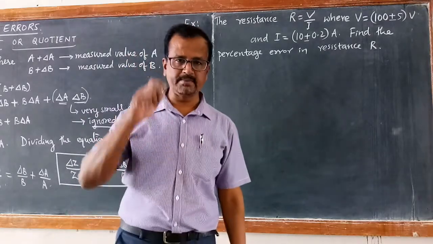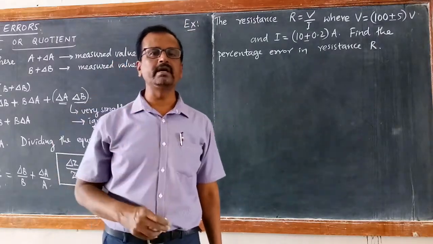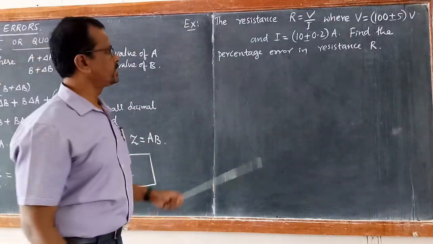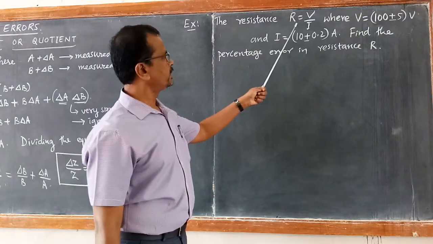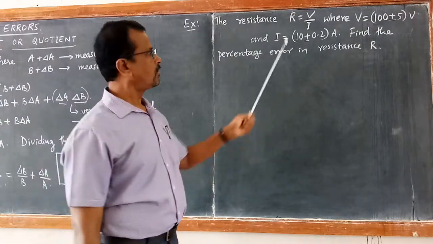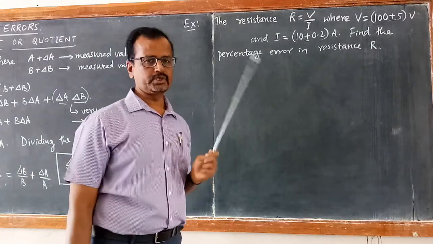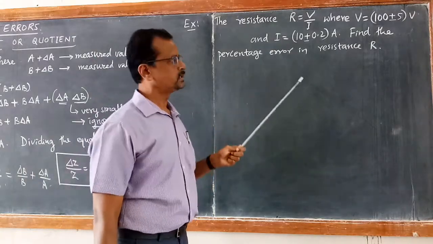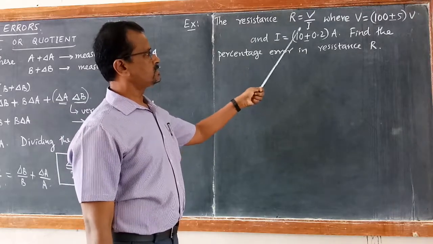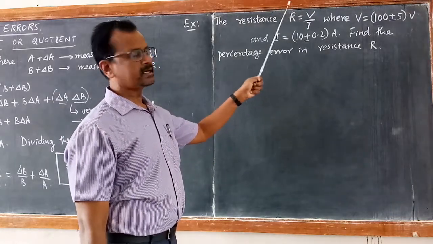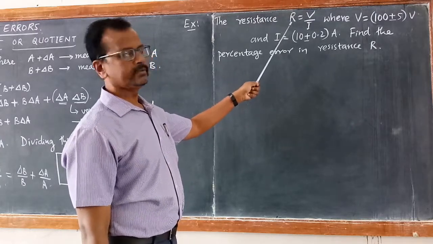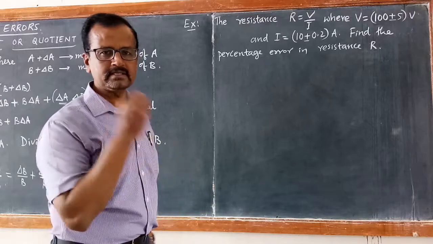So before finding percentage error, we must find out relative error. So we follow the rule directly. Whenever the physical quantity is in the form of a product or in the form of a quotient, here it is in the form of a quotient, then the sum of the relative errors of the physical quantities is equal to the total relative error of the result. We will follow that second one.